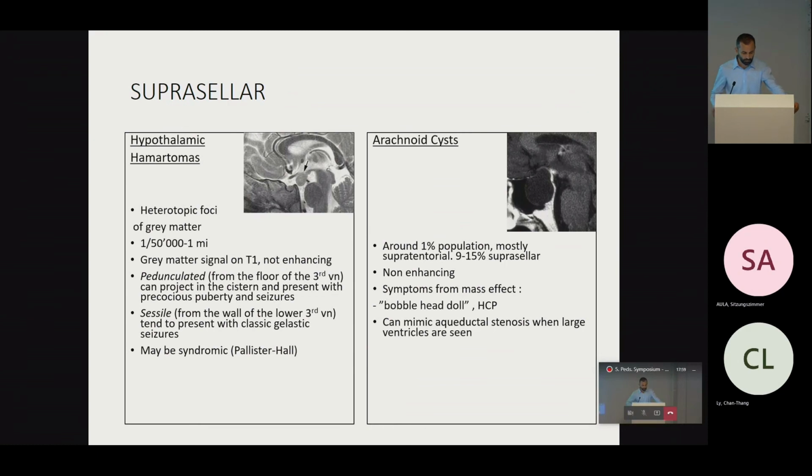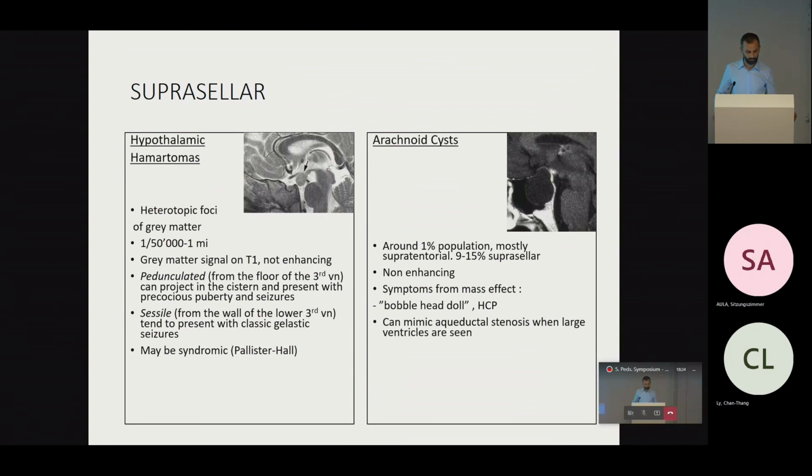The other lesion that I think needs to be mentioned, and it's fairly common, is the arachnoid cyst, which is not a neoplasm. It's a clinically benign lesion that very rarely requires treatment, and the symptoms usually come from mass effect, so mostly on endocrine and visual function.